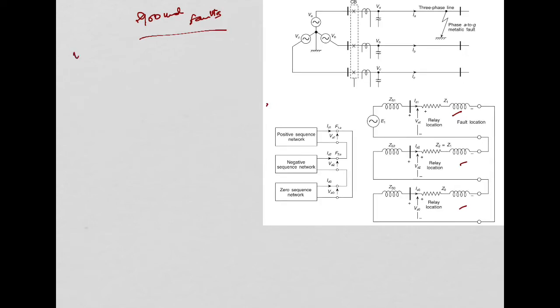Now, applying KVL around the loop formed by the series combination of the sequence networks, we will get VA0 plus VA1 plus VA2 equals IA1 Z1 plus IA2 Z1 plus IA0 Z0.